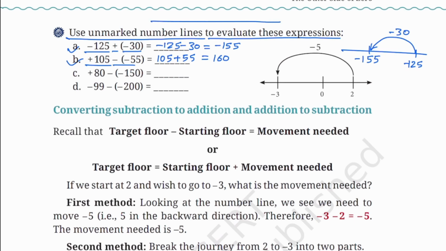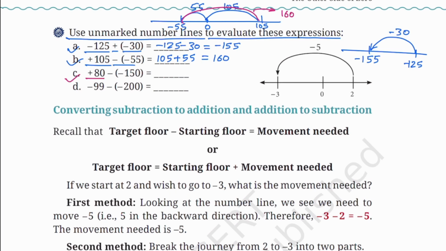You can visualize it by drawing a number line. This is 105 and this one is minus 55. From here to here 55 and from here to here 105, or you can say from here to here the gap will be 160.